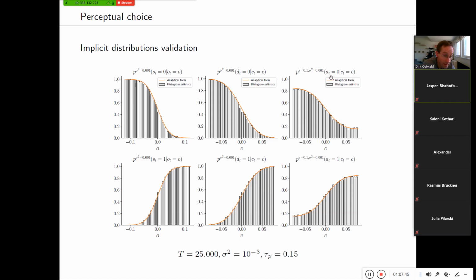And the additional thing that then is put in is the distribution over actions given contrast differences, where in addition the action noise is accounted for. You can see, for example, if you have a noise level of 0.1, then even for very high contrast values, you will sometimes do it wrong, because even if the agent is always correct, there's still the chance that the action is wrong.